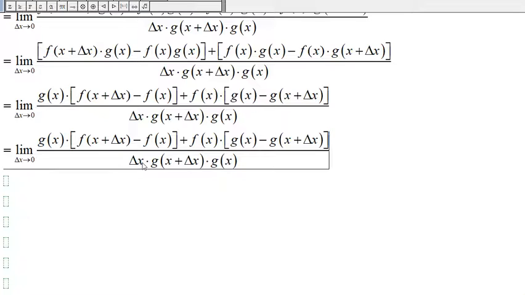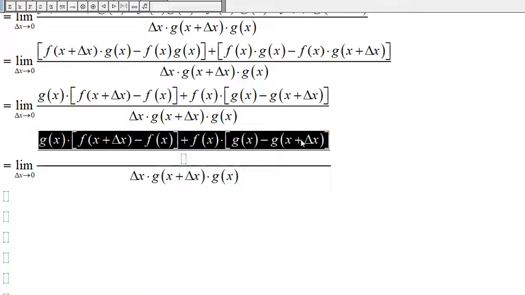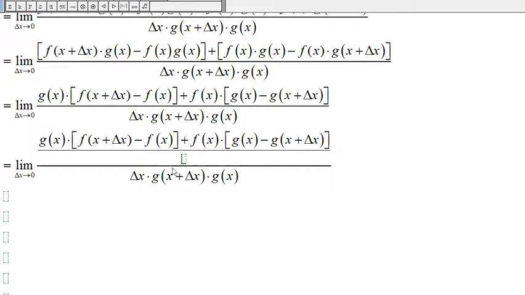And then this delta x right here, so we're going to divide the entire top right here by delta x.